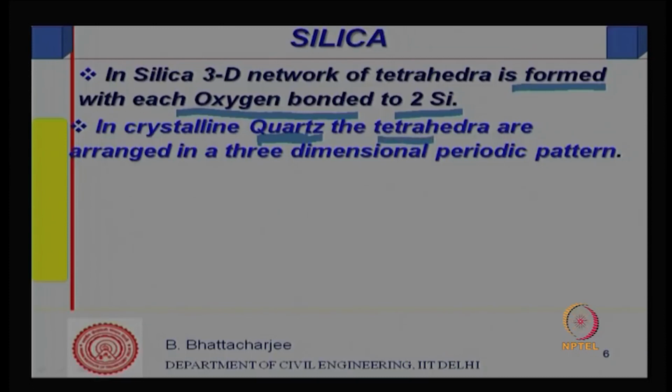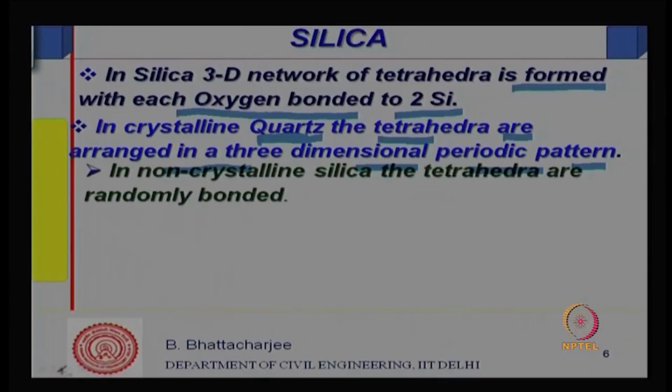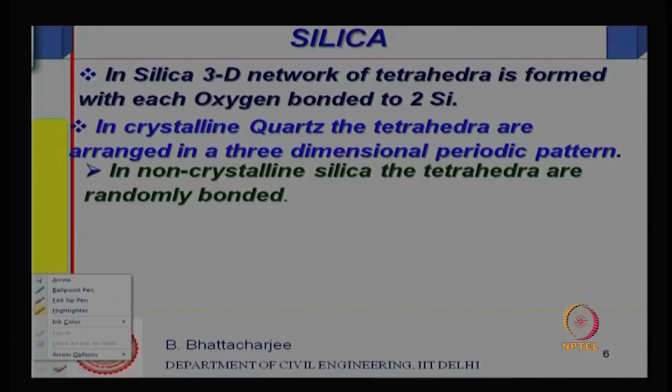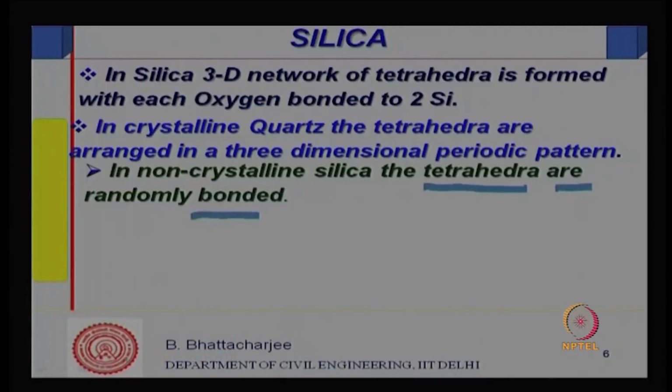In crystalline quartz, the tetrahedra, this SiO4 tetrahedra with 4 negative bonds available, are arranged in a 3-dimensional periodic pattern, all right. In non-crystalline silica, tetrahedra are randomly bonded. So, this is the silica structure.